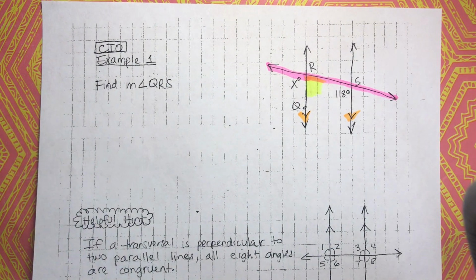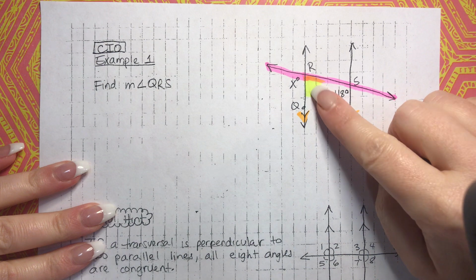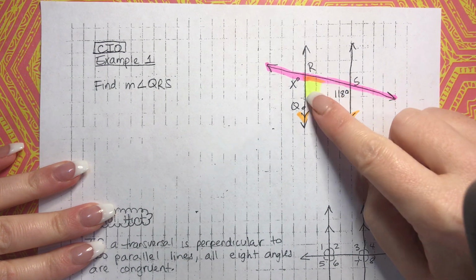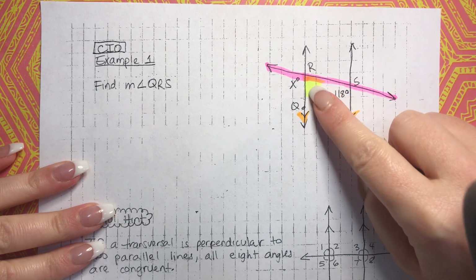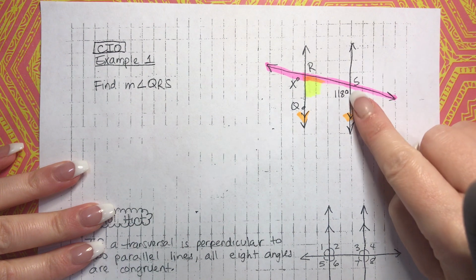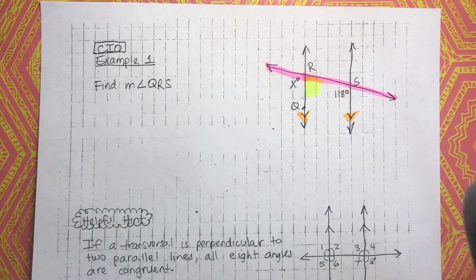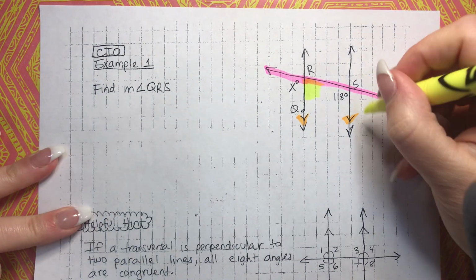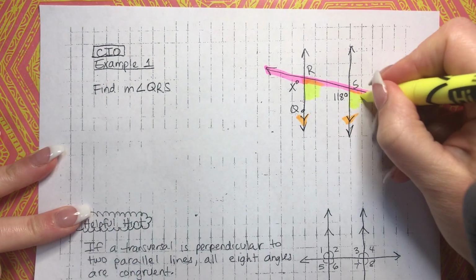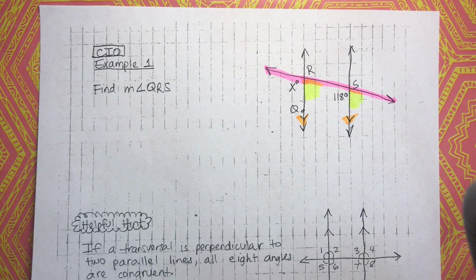The corresponding angle to QRS is on the right side of the line, so it would be right here. So these would be corresponding. However, there's no values for either of these angles, so that doesn't really help us.